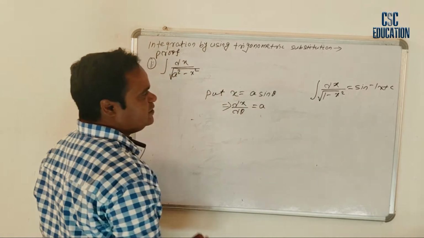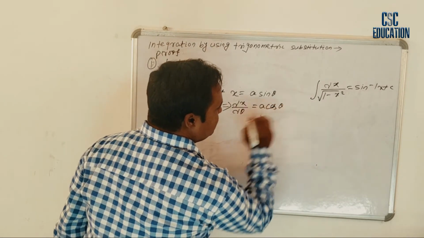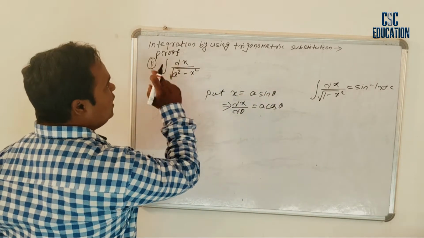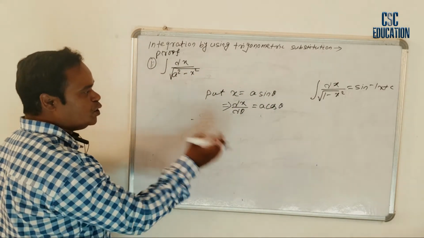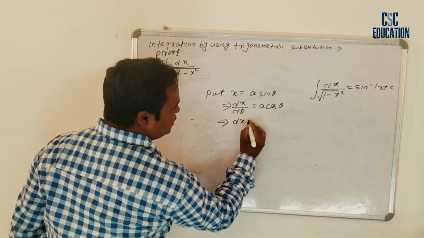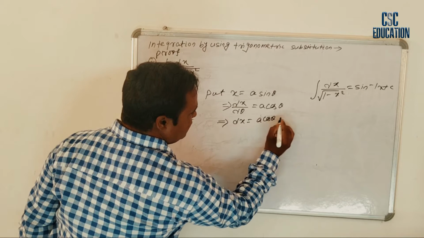The derivative of sine theta is cos theta. Now we convert x into theta form, so we have to convert dx into theta form also. So this implies that dx equals a cos theta d theta.